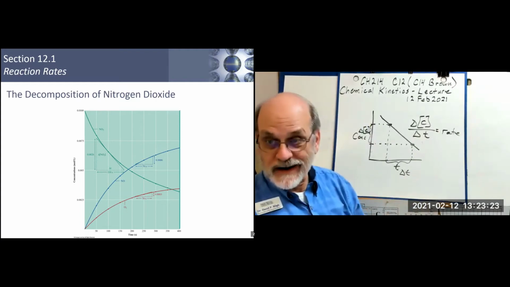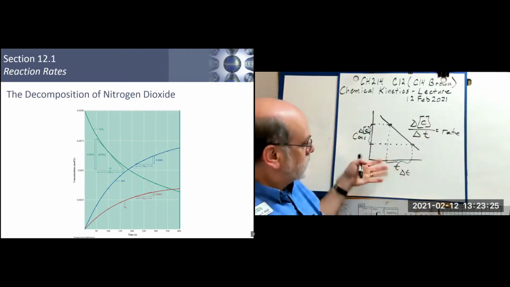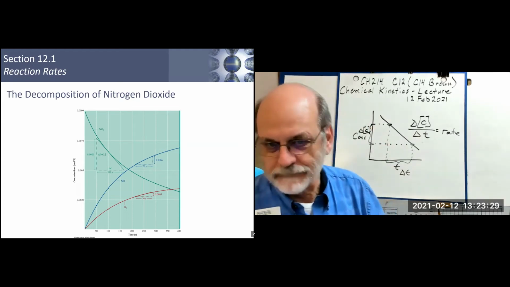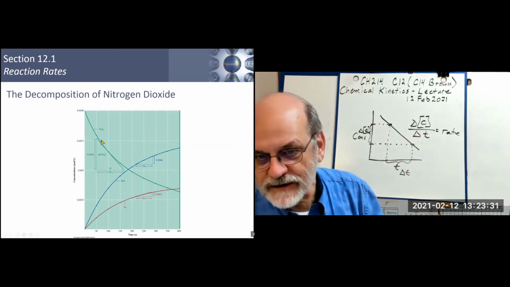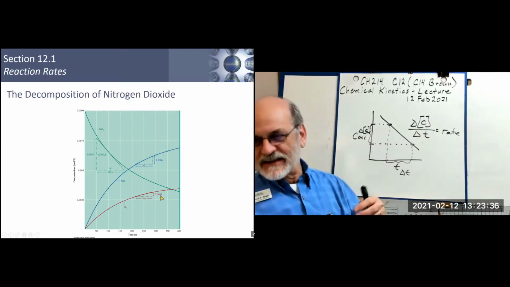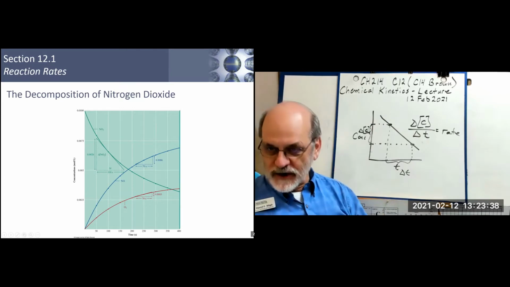That's the reaction rate. If you plot those numbers, the problem is, you've probably already seen it. The problem is, that's not a straight line. It's a curve. So how do you tell the slope of a curve?